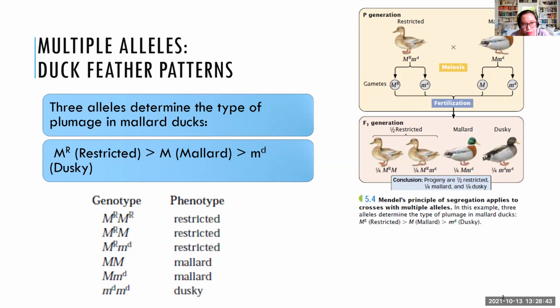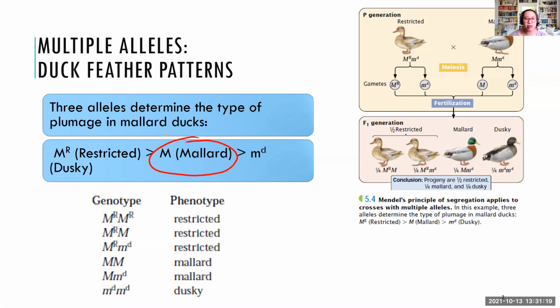An example of multiple alleles, of course, is the feather pattern of mallard duck. So look at this presentation. You see here the mallard ducks. One allele, M, produces the mallard. The M stands for mallard.